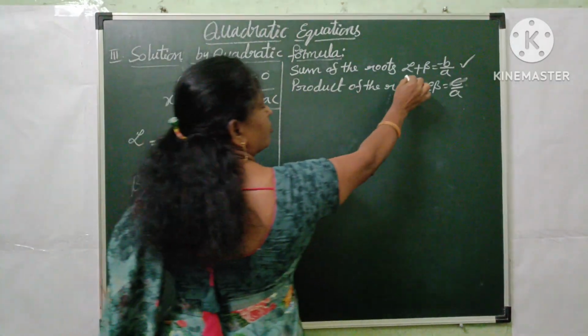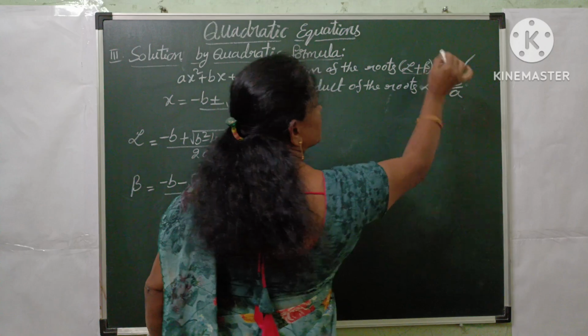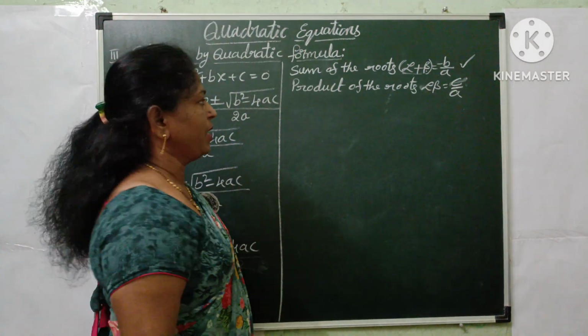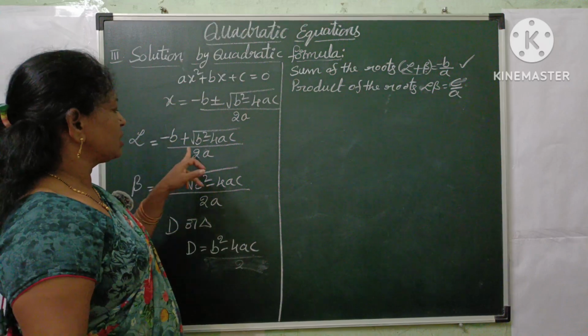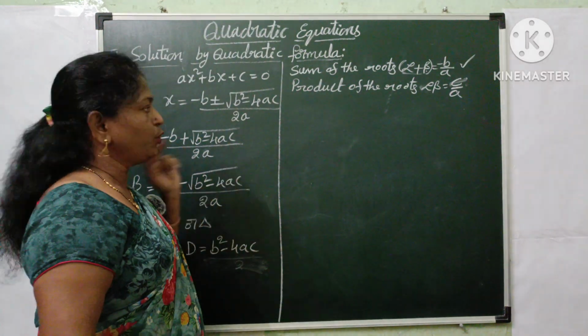Right. Here what is that? Sum of the roots alpha plus beta equal to minus b by a. So here what is alpha? Minus b plus square root of b square minus 4ac by 2a.